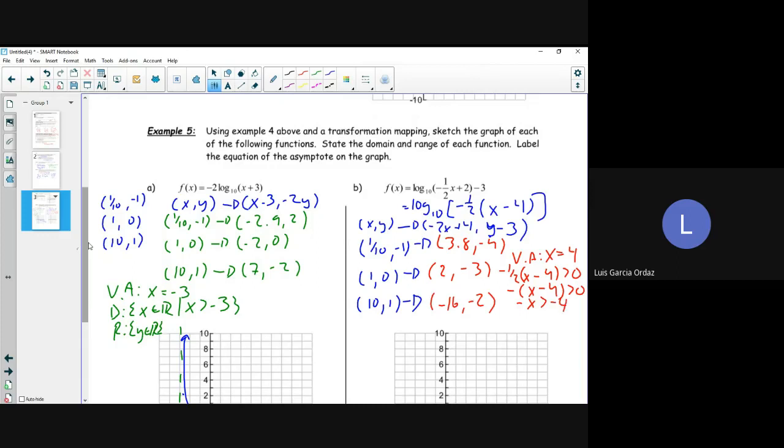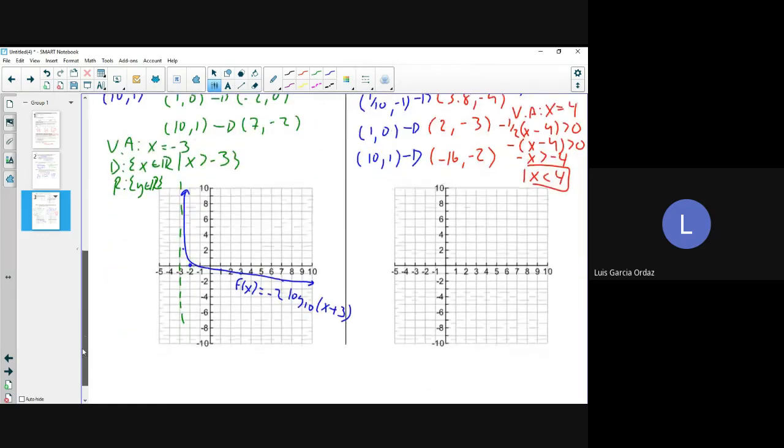When we divide both sides by a negative, we get x is less than 4. So our domain is x element of R such that x is less than 4, and our range is y element of R.